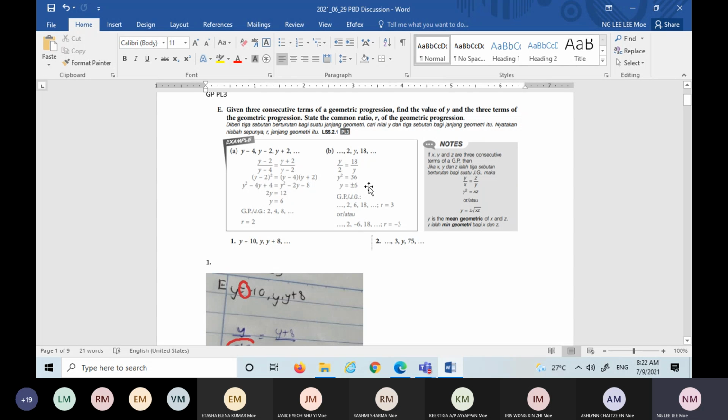But so many of you just write the y for positive. I don't know why. Some of you write y is positive and negative and then reject the negative answer. I also don't know why. Can you please tell me why the y cannot take a negative value here?